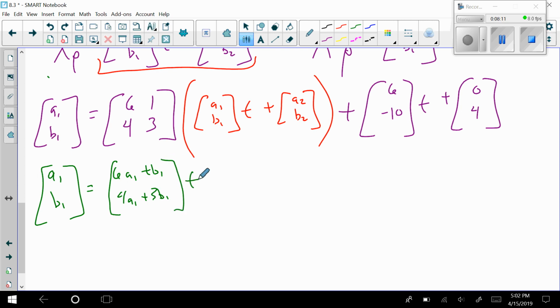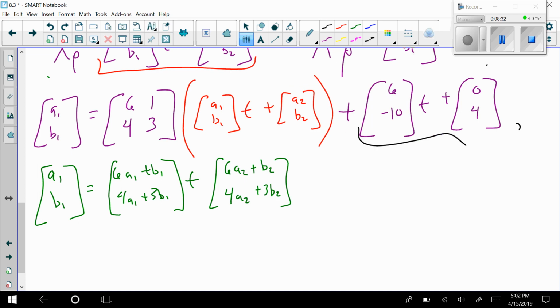These all still have t's. Then I would take this all the way over here, which would then give me a 6 a sub 2 plus b sub 2. And then I'd have a 4a sub 2 plus 3b sub 2. Then this stuff essentially just gets dropped down.